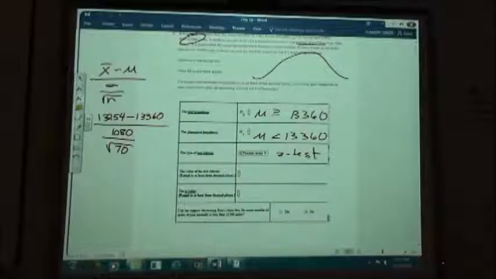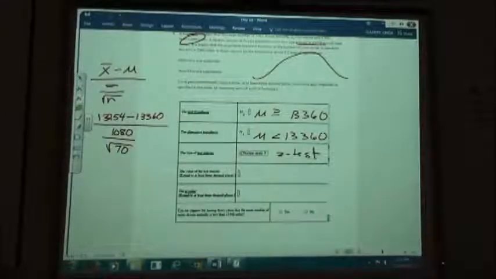It equals that top number, enter. Then you're going to divide that by 1,080 divided by the square root of 70.